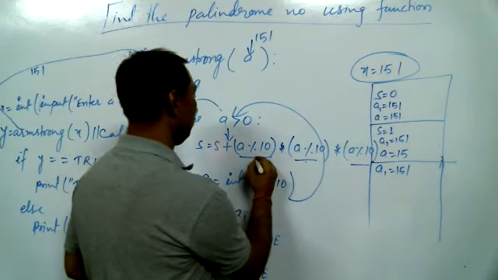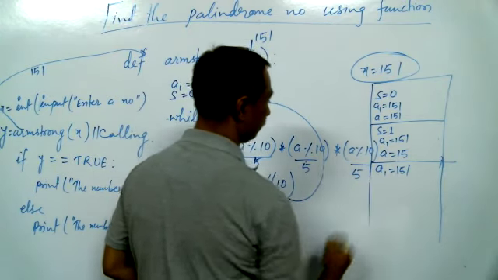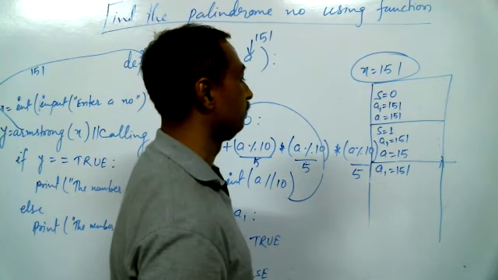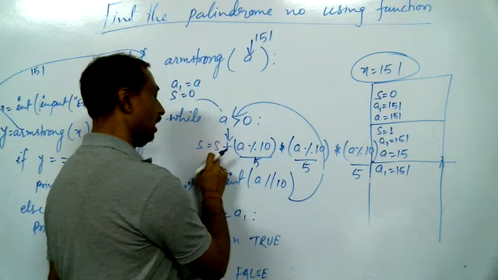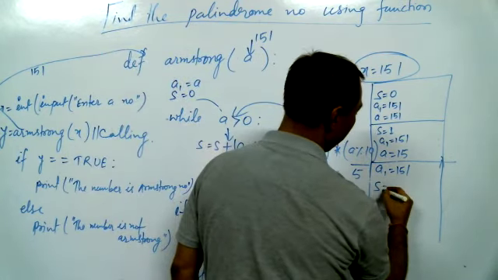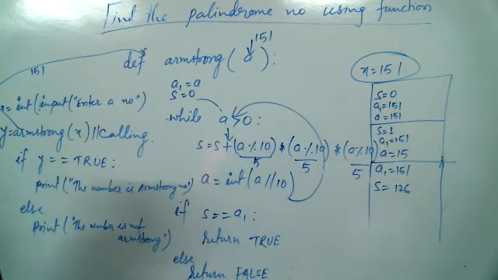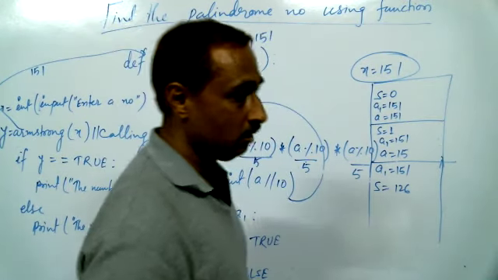So 5 into 5 into 5. 5 into 5 is 25, 25 into 5 is 125. 125 plus 1, because S is 1, so S will become 126.